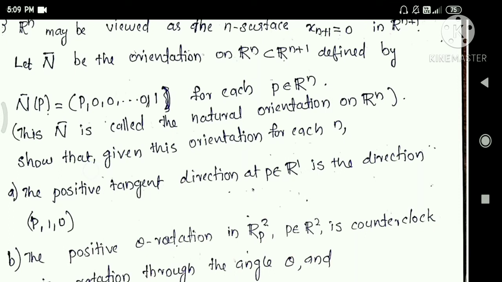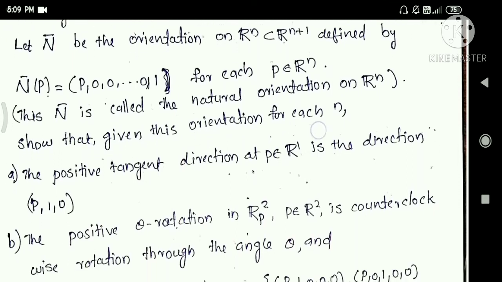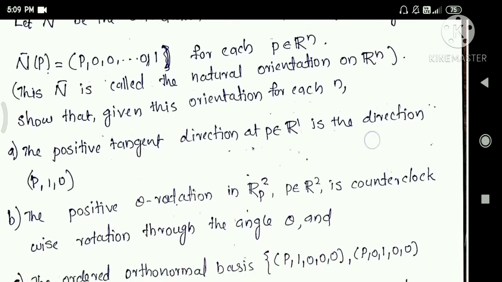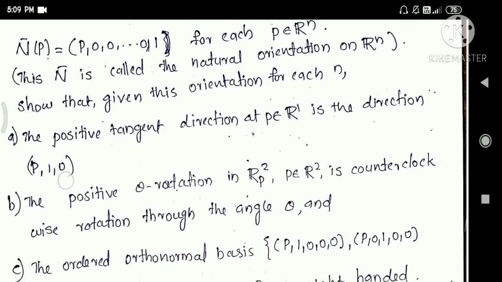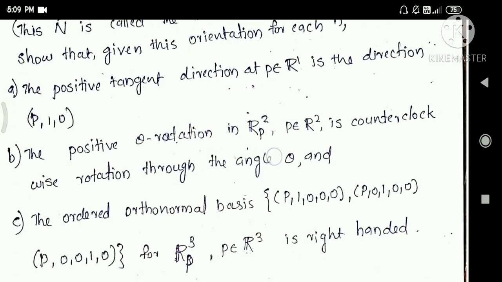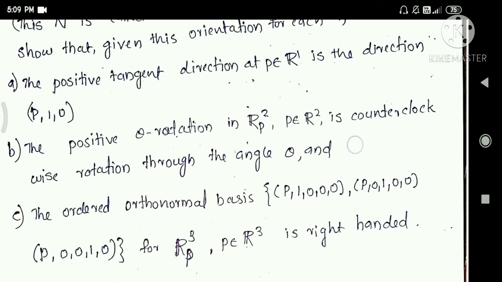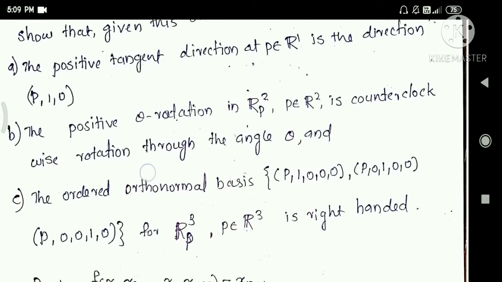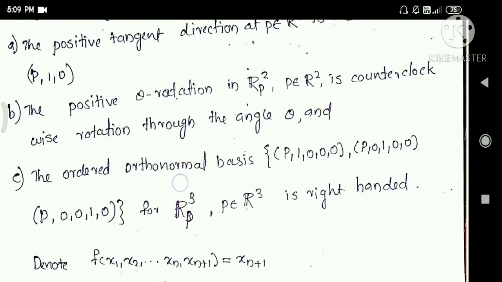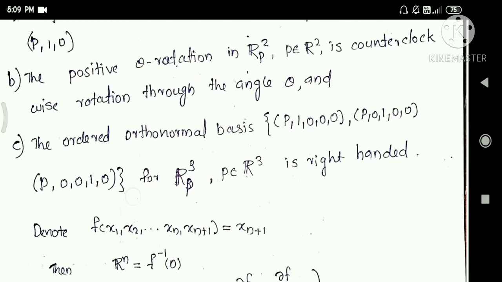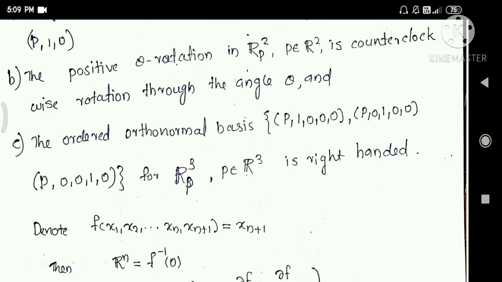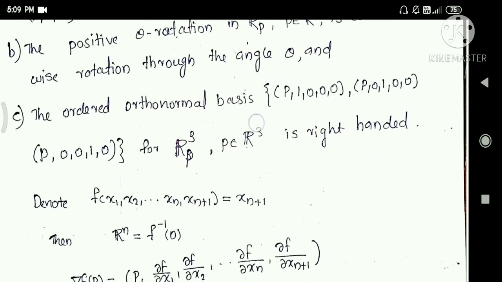Show that given this orientation for each n, the positive tangent direction at p belonging to R1 is the direction p10, and the positive theta rotation in Rp2 for p belonging to R2 is counterclockwise rotation through the angle theta. And also show that this ordered orthonormal basis for Rp3 for p belonging to R3 is right-handed.